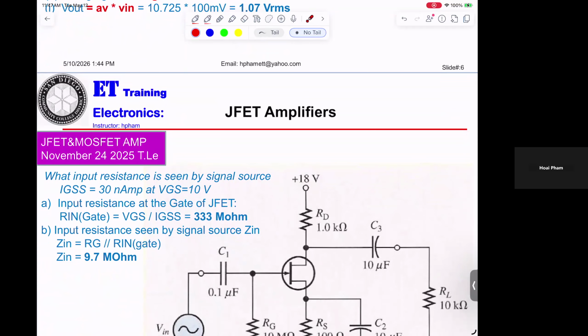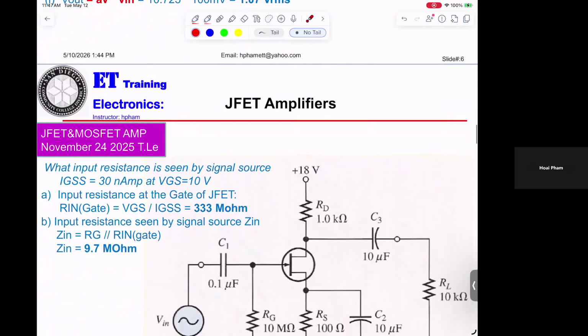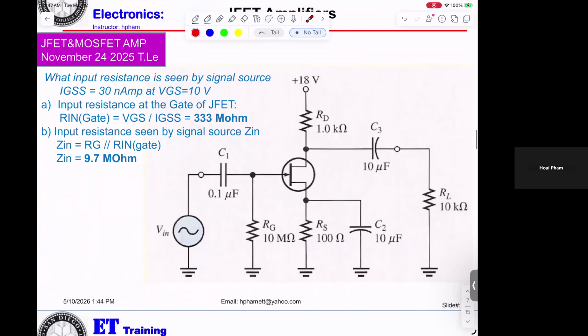Now, let's see. What input resistance is seen by the signal source? IGSS equals 30 nanoamp at VGS equal 10 volt.